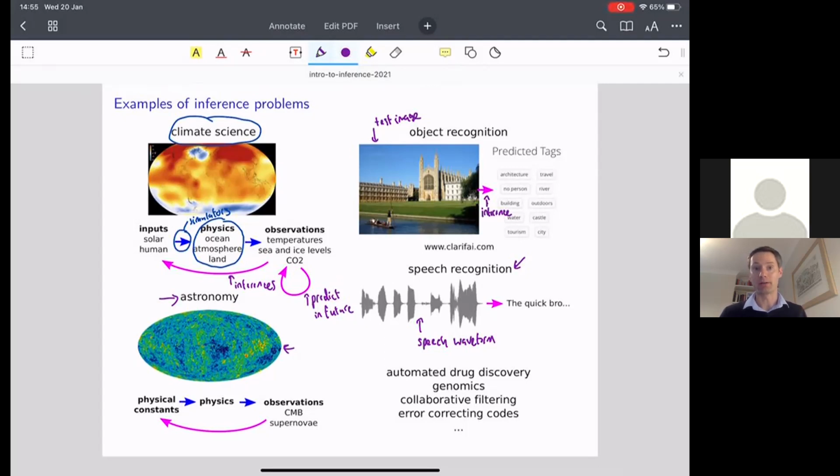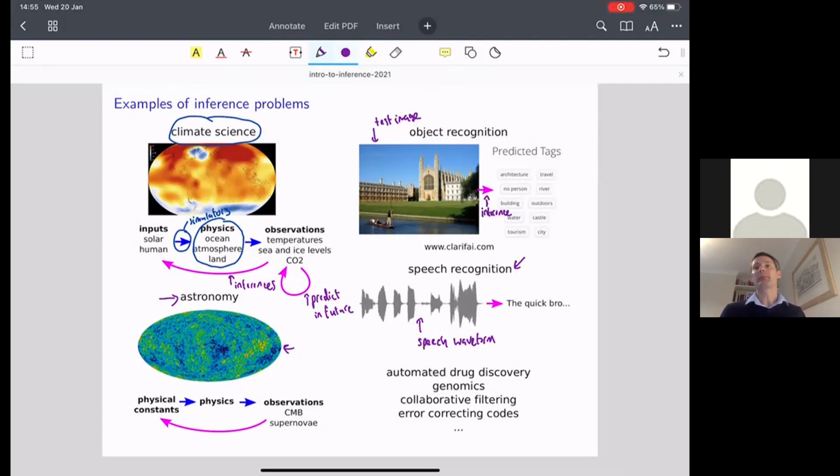So error correcting codes try to infer what the true data would have been given the corrupted data that would be stored on your hard drive, and will inevitably be undergoing random bit flipping events because of imperfect hardware on your computer. So at the heart of our computer systems, error correcting codes are performing inference problems essentially in order to maintain the integrity of your system.